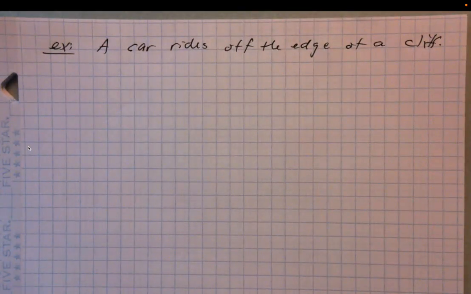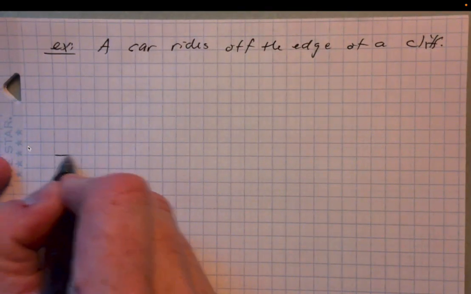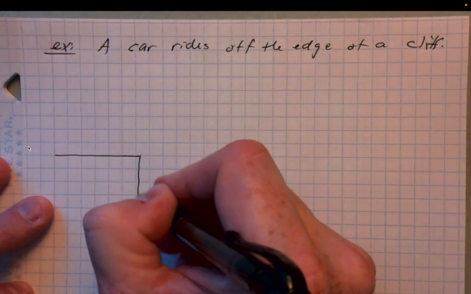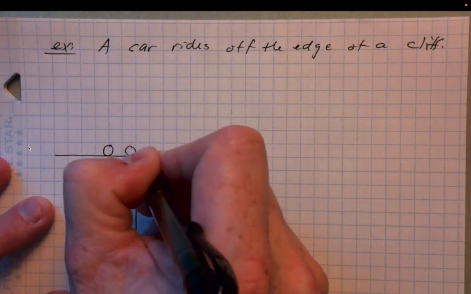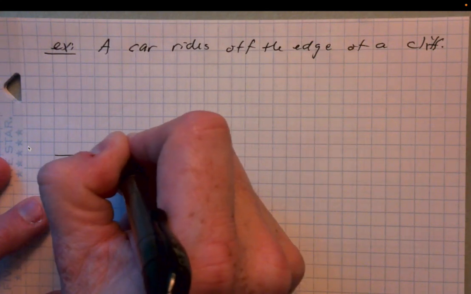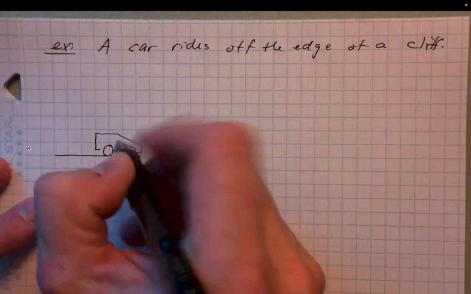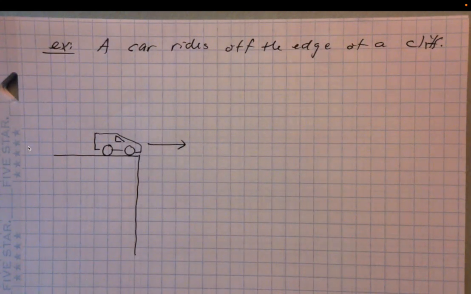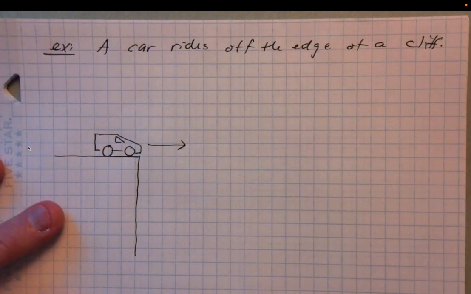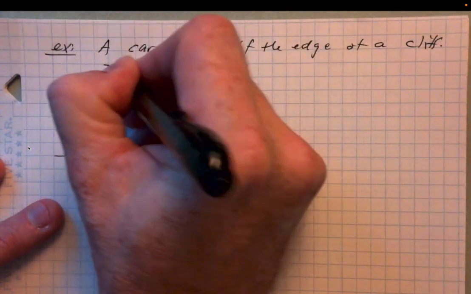All right, so you've got some kind of a cliff here, and you've got this car barreling towards the cliff, and it's just going to drive right off the cliff. So a car rides off the edge of a cliff. Just at the edge of the cliff, the velocity is horizontal.